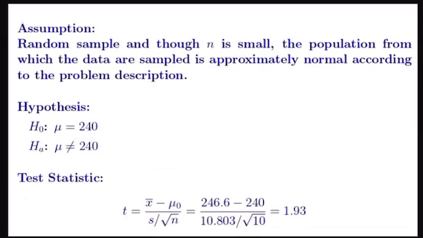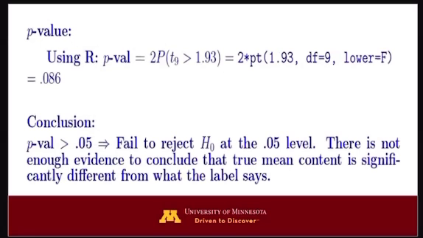If I look at the inequality sign right now, because I'm working with a two-sided test, then it means I want to find 2 multiplied by the probability of T9 greater than 1.93.